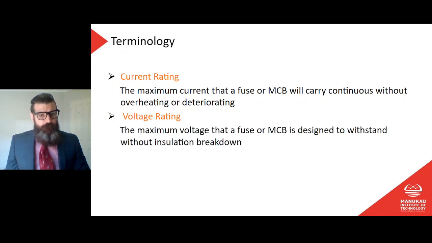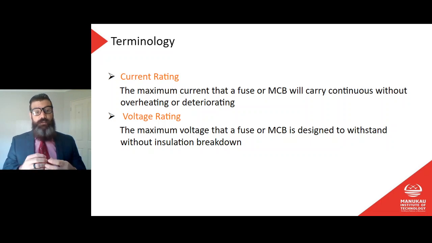Voltage rating. The maximum voltage that a fuse or MCB is designed to withstand without insulation breakdown. Remember that current affects our conductors and voltage affects our insulators generally. So our voltage rating is the rating of the insulation, the internal insulation inside that circuit breaker or fuse before it starts to break down.